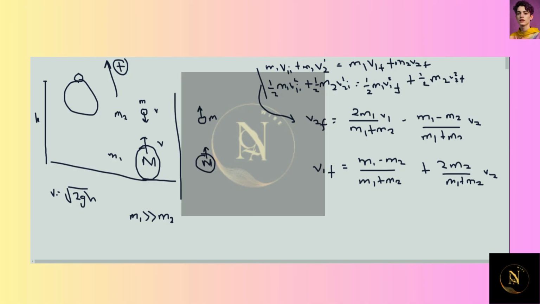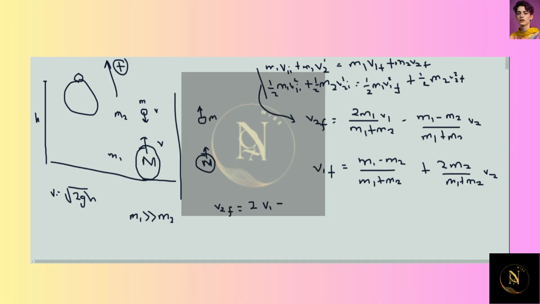So now with this assumption, and you know the velocities in this case, we can now go back and see what that's going to give us. So for v2f, since this is 2m1, which is the greater mass, and m1 plus m2, since m1 is much bigger than m2, this essentially just becomes 2m1 over m1 times v1, okay?